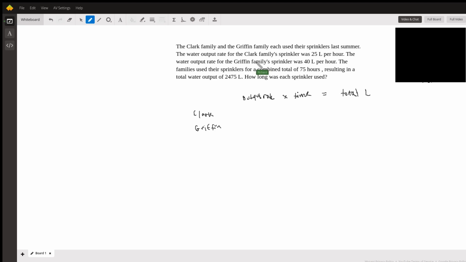And the output rate for Clark is 25. The output rate for Griffin is 40, so they have a much bigger sprinkler. And the combined time we know is 75. Here's our total. And you can see how I'm just working my way through it, just organizing. Total amount of water is 2475.